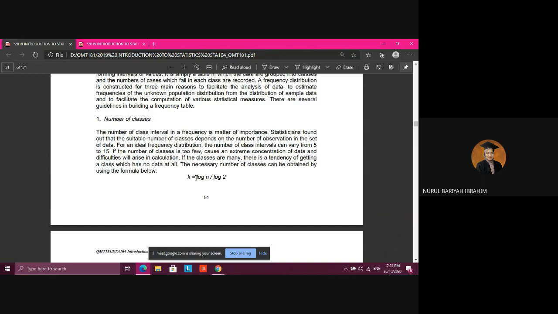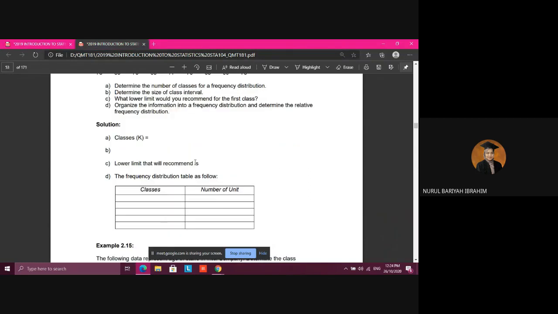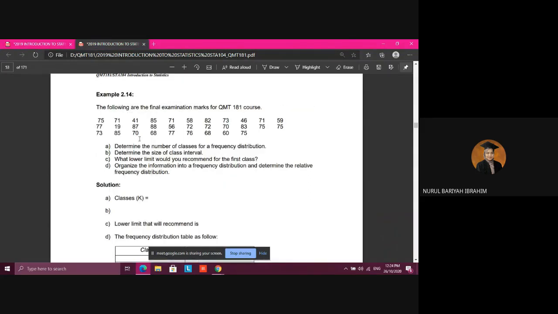Okay, the formula is log n divide dengan log 2. N adalah number of distribution ataupun number of sample size. For example, in this question, we have the set of data here, which is a data of final examination marks for subject QMT 181.